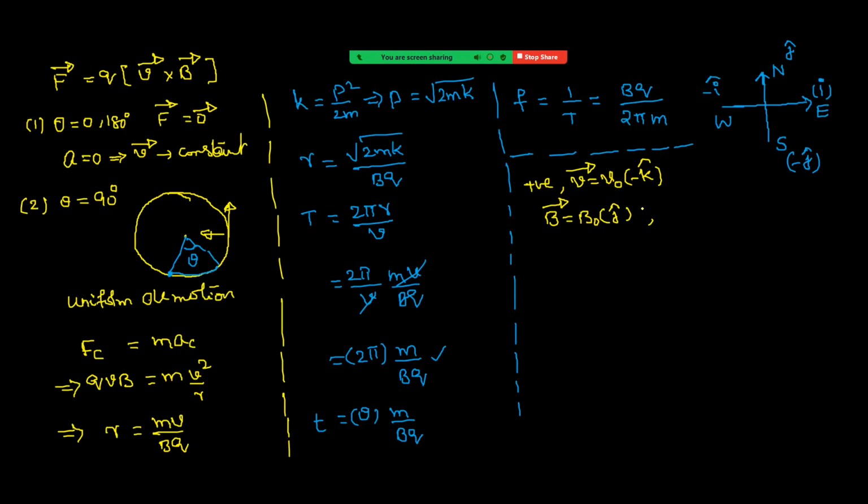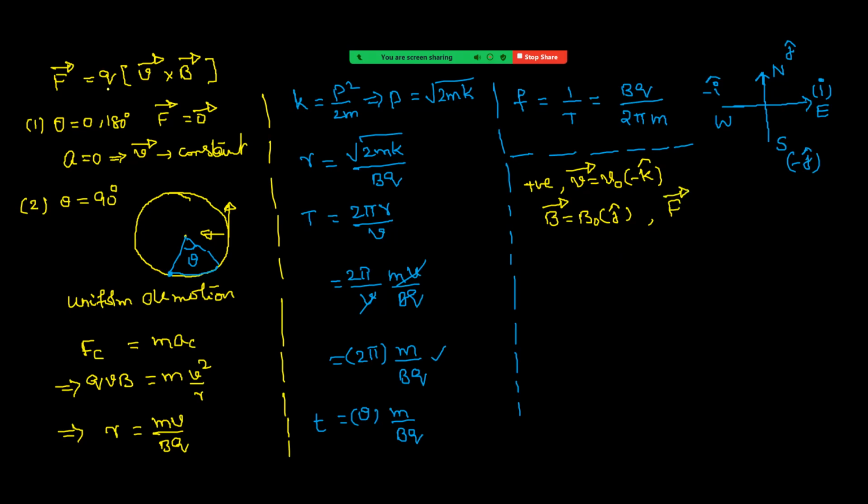So now we have to focus on when this particle enters into the magnetic field, what is the direction of force? Because direction of force keeps on changing, right? So we're asking that just after entering into the magnetic field, what is the direction of force, F bar?